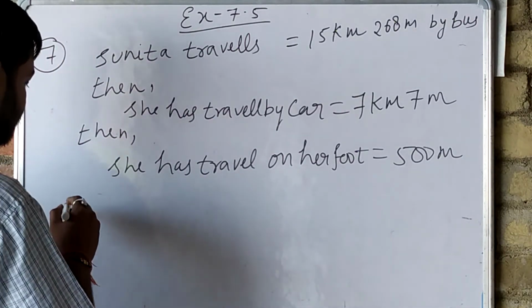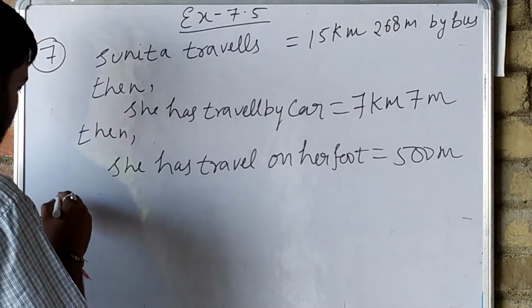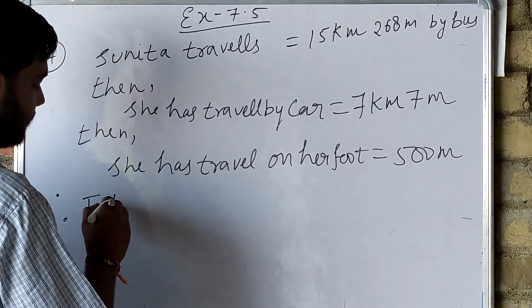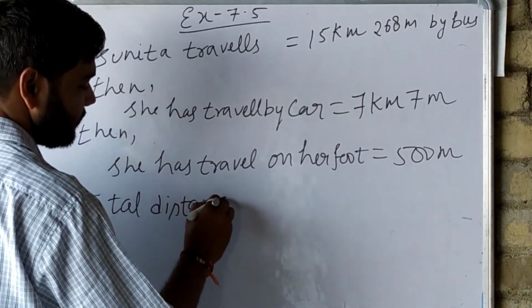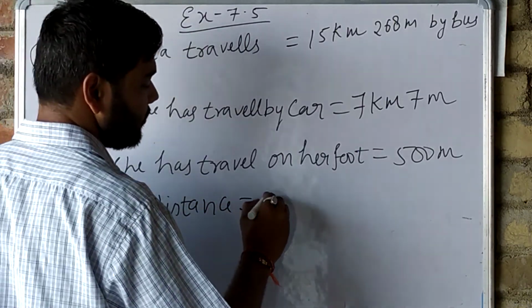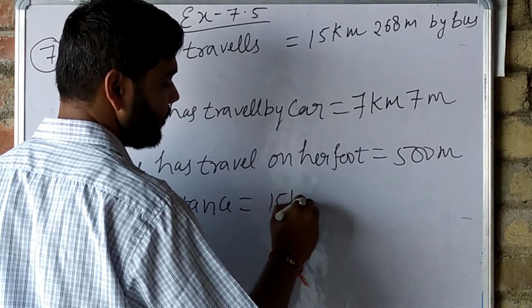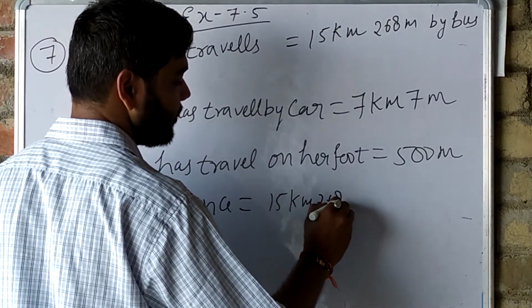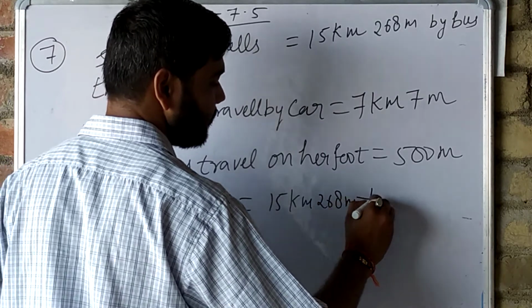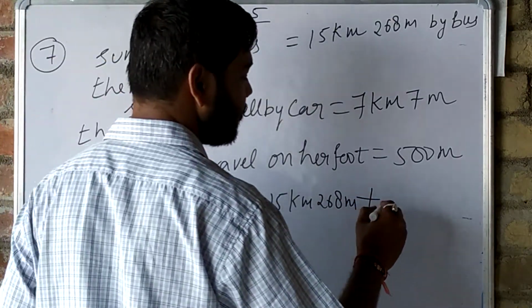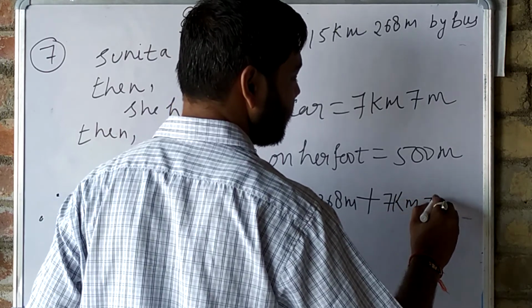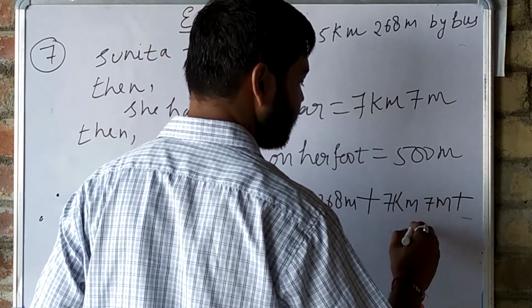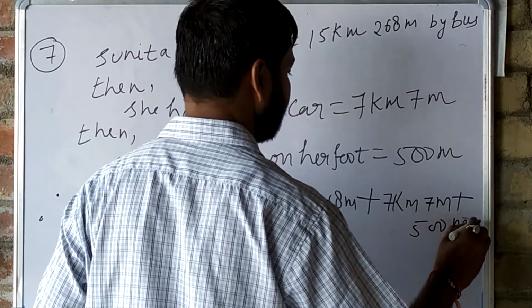Okay, therefore total distance will be 15 kilometer and 268 meter plus 7 kilometer and 7 meter plus 500 meter.